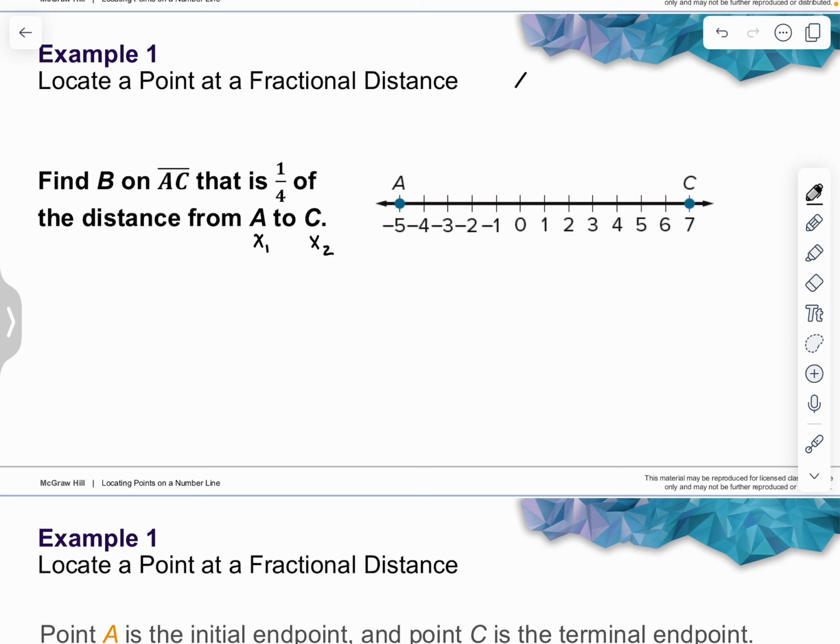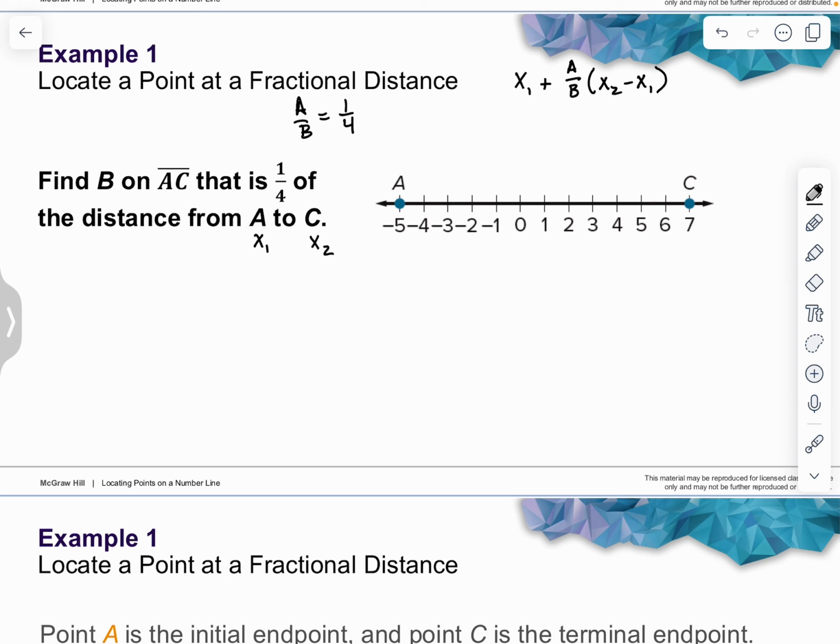And our equation was X1 plus, let's see, a over b, times X2 minus X1. There we go. And a/b is going to be our 1/4. There we go. So we've got all of our information. We should be able to plug this in pretty easily.